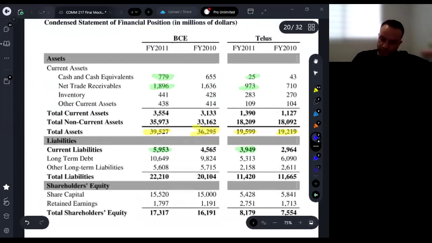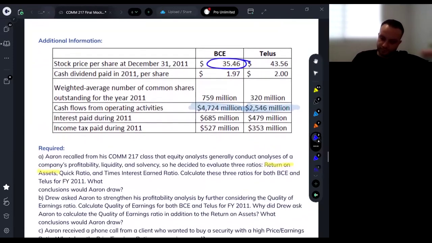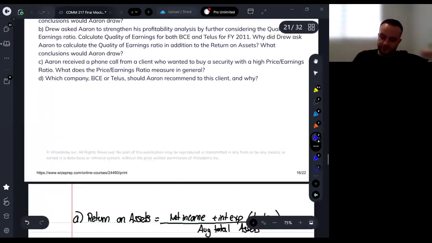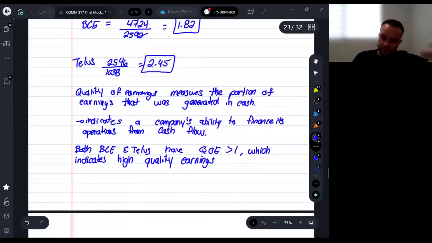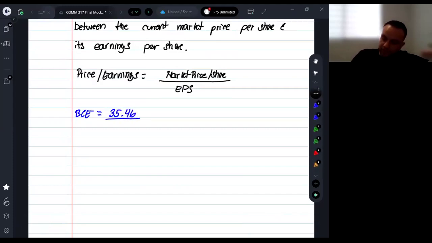We have no preferred shares, so our average number of shares is 759. Okay. So here we're going to say 35.46 over the EPS.